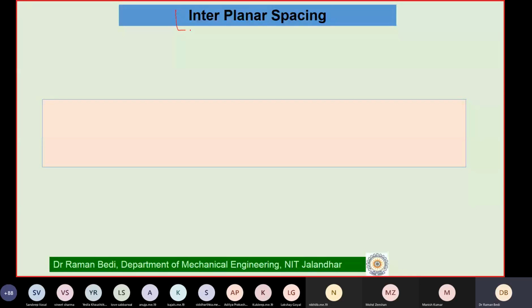What do you understand by interplanar spacing? Interplanar spacing means the void space that is left between two identical things. Okay, I can say this can be talked of as a distance between the planes.